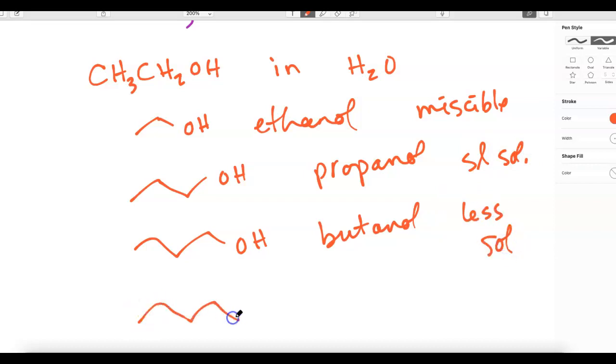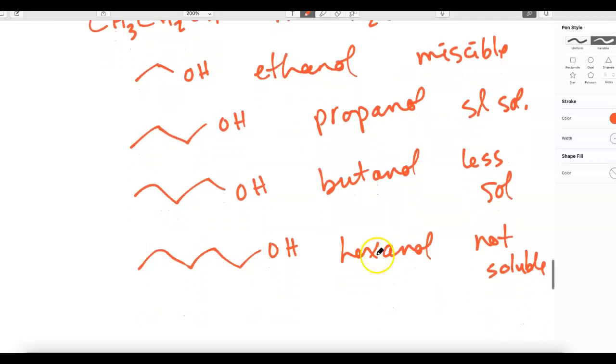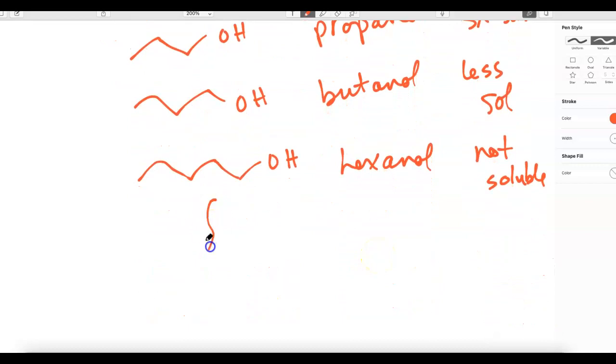But by the time I get to hexanol, it's not soluble. And again, you should have seen this in the lab last week. This is because the hydrocarbon part is so much bigger than the OH.